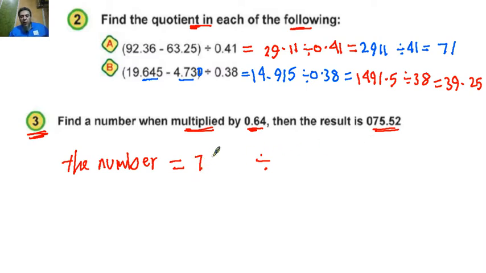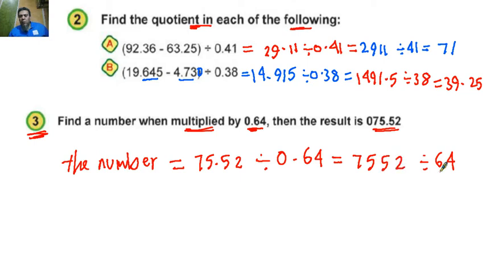Divide 75.52 by 0.64. Then we must convert the divisor into whole, multiply by 100, then the divisor becomes 64, and multiply the dividend by 100, the dividend becomes 7,552. Then we do the division operation, the result, or the number, equals 118.